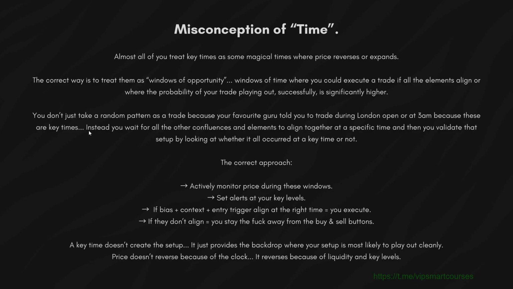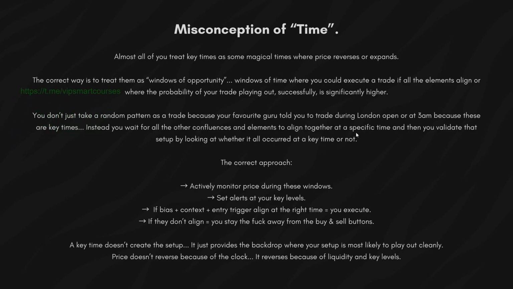That's not how it works. Instead, you wait for all of the other confluences and elements to align together at one of these specific times, or windows of opportunity, and then you validate that setup by looking at whether it all occurred at a key time or not.